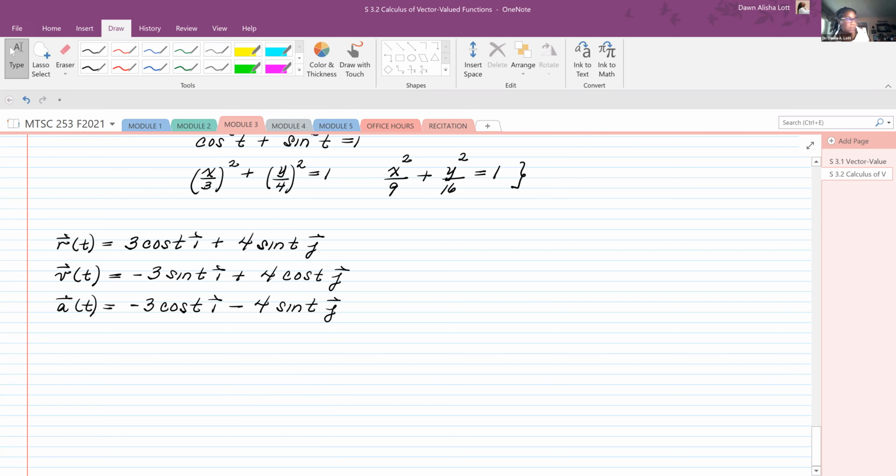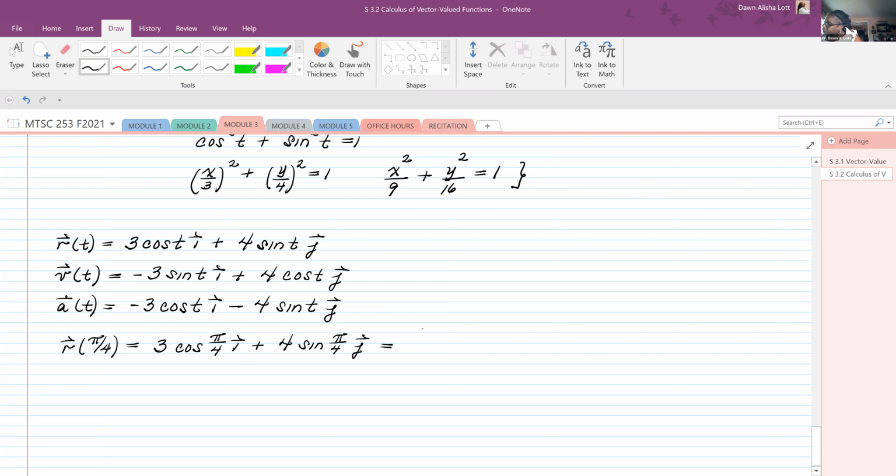And so now we get r at pi over 4 is 3 times the cosine of pi over 4 i plus 4 times the sine of pi over 4 j.